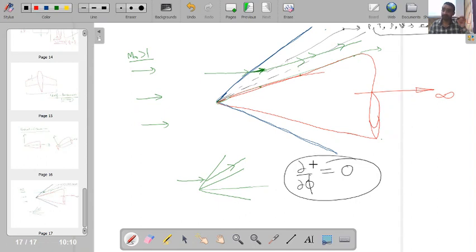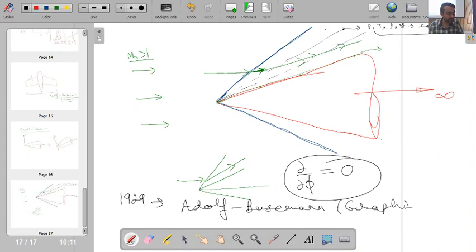So the important point is, somewhere in 1929, for the first time the conical flow solution was once again given by Adolf Busemann. But that solution was not mathematical. He gave the solution in the form of a graphical representation, the graphical solution of the supersonic flow over a cone.